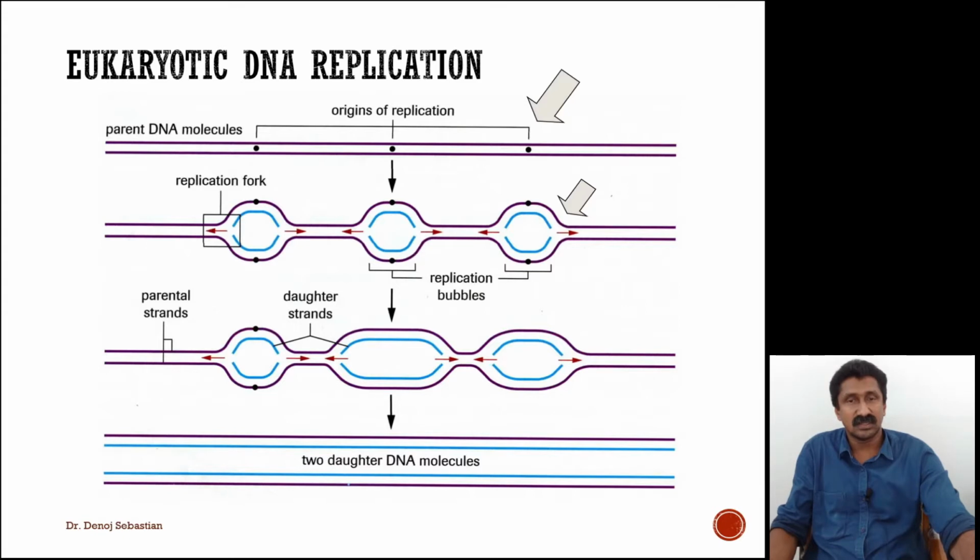This type of localized bubble formed by replication forks is known as a replication bubble, and finally the daughter strands will be separated into two DNA molecules. So this is the replication process in case of eukaryotes, not prokaryotes as the title mentions.